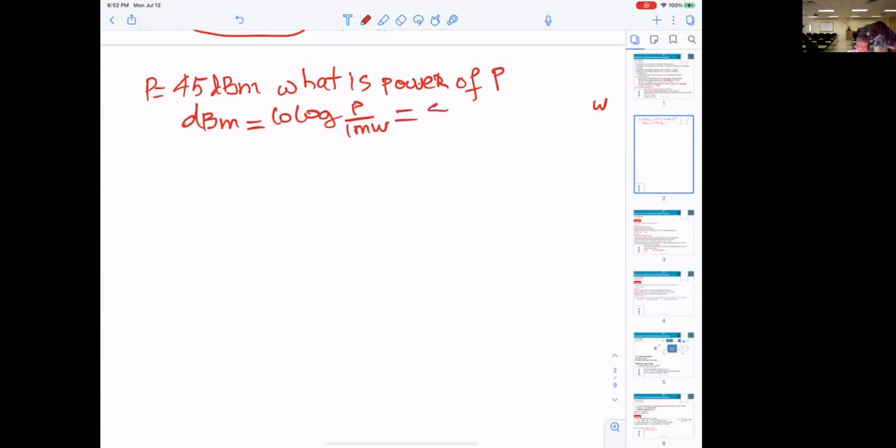In this case, they equal 45 dBm. So I want log only, equal 45 divided by 10.